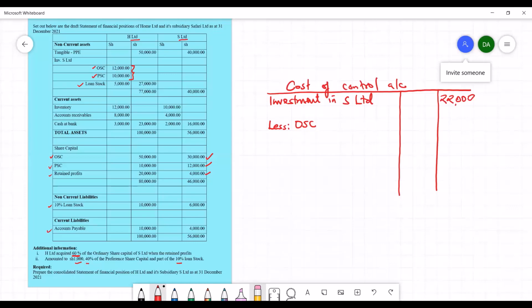Now, we have the ordinary share capital of S Limited to be 30,000, which you can see here. So H Limited acquired only 60% of that. So we are going to say 60% times 30,000, and that will give us 18,000. That is ordinary share capital. Preferred share capital.